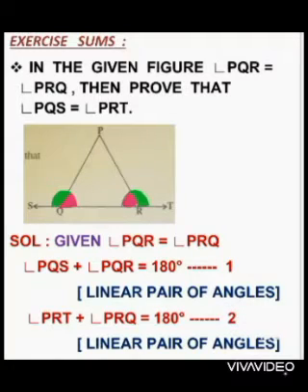So children, from equation 1 and 2, as the RHS is 180 and 180, we can equate the LHS. So what is there in LHS? Angle PQS plus angle PQR will be equal to angle PRT plus angle PRQ.